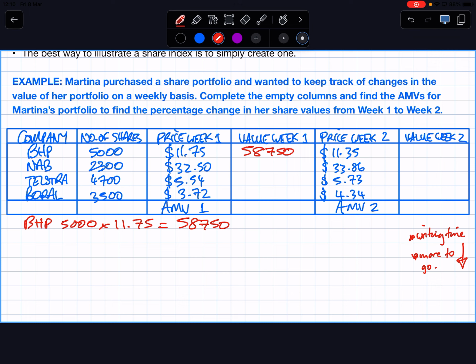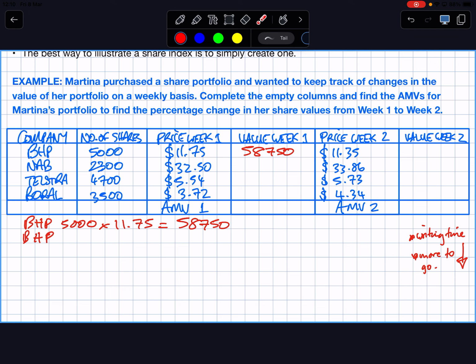58,750. And then in week 2, BHP. What numbers am I going to times together to work out the value of week 2? Is it still going to be 5,000 times 11.75? So what would I times the 5,000 by for week 2's value? What price would there be?